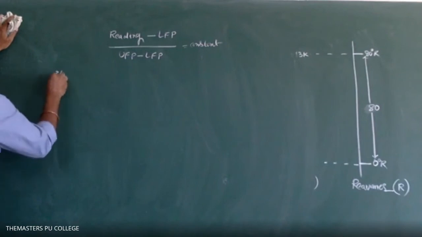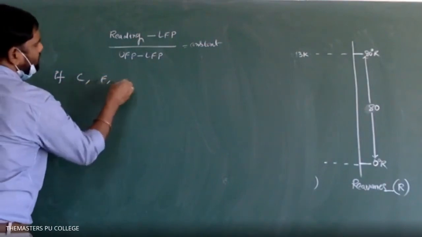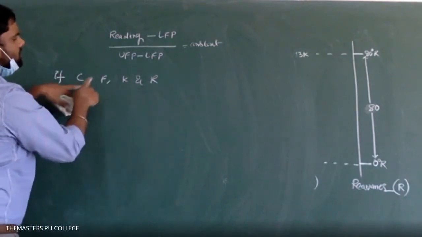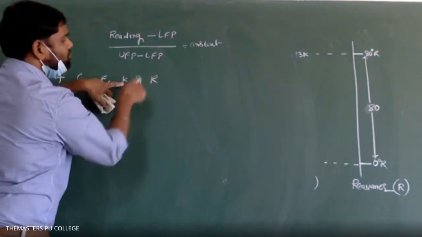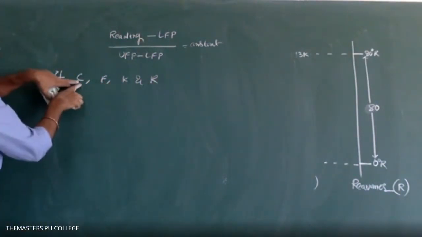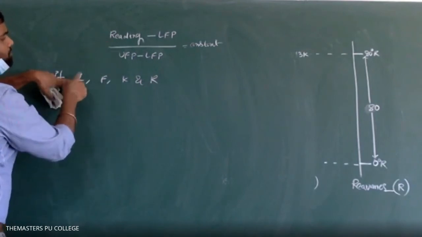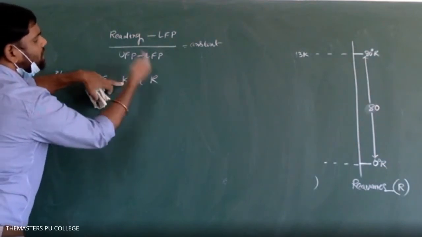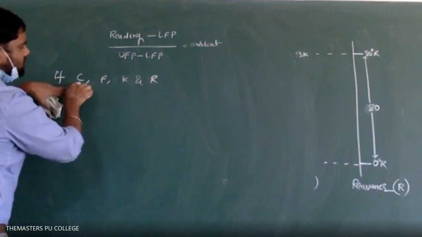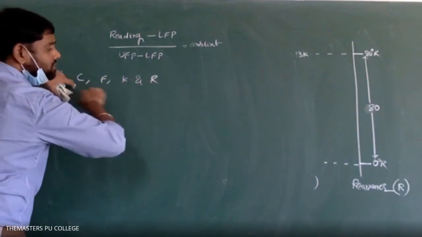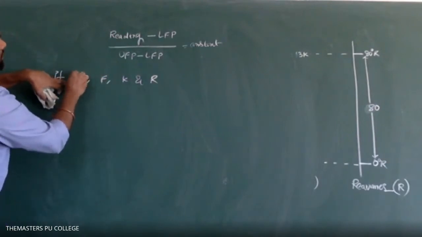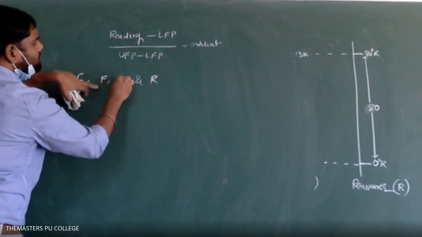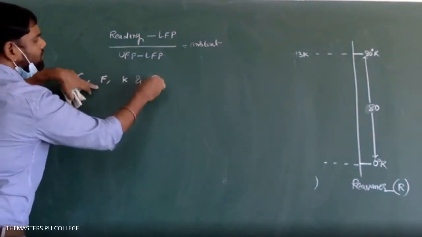For example, let C, F, K and R represent the same temperature on the Celsius, Fahrenheit, Kelvin and Reaumur scales. C is the reading on the Celsius scale, the corresponding reading on the Fahrenheit scale is F, on the Kelvin scale is K, and on the Reaumur scale is R.